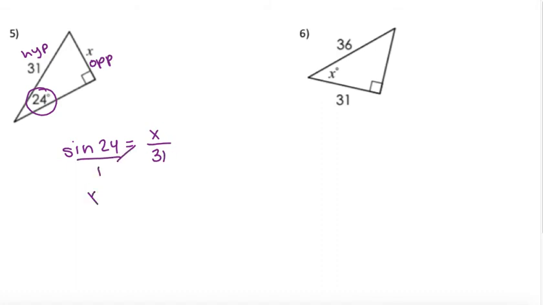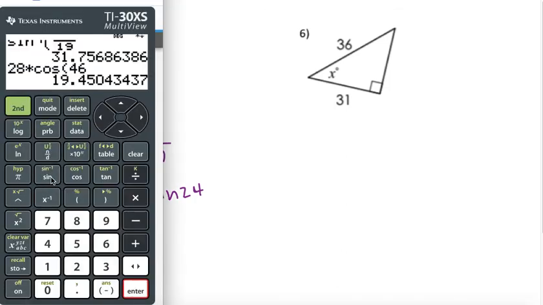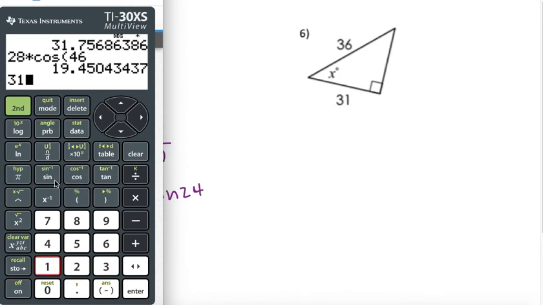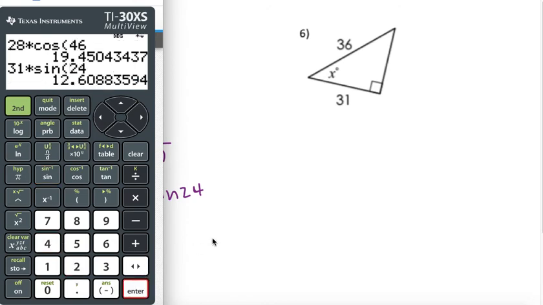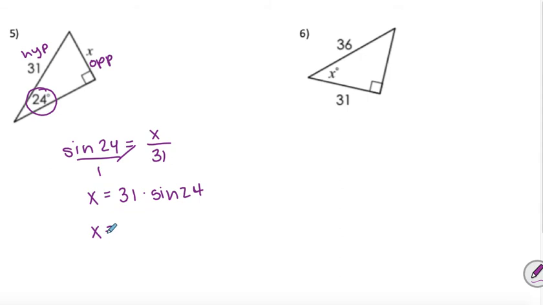Put over 1 to cross multiply. And since x is by itself, go to your calculator. So now we would have sine of 31, times the sine of 24. And I get 12.6 rounded to the nearest tenth.